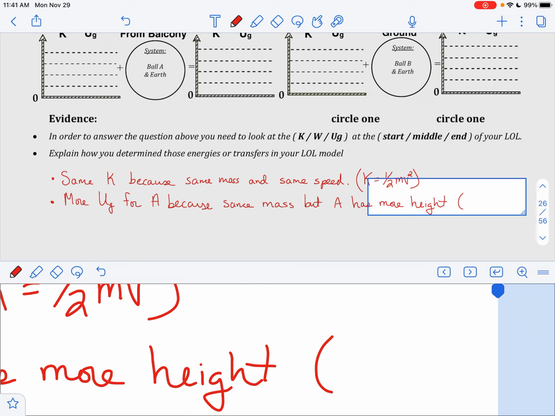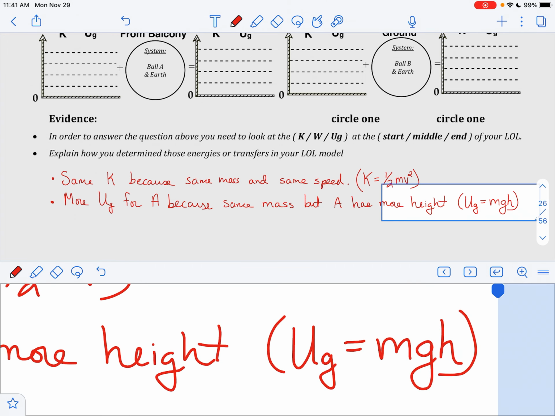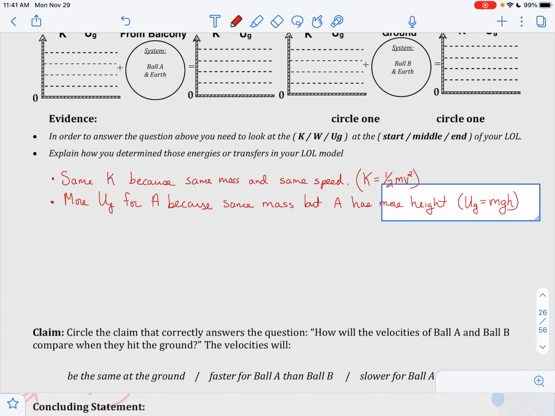And so in our mind, we're thinking of this equation here, UG equals mgh. We know that they have the same mass and one has more height, so that one must have more UG.